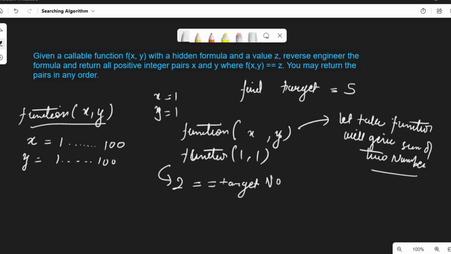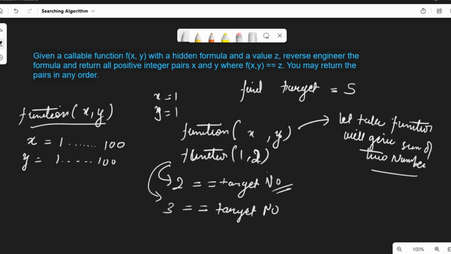No, this is not equal to target. So let's increment x. Let's take x is equal to 2. Now it will give 3. Is this equal to target? No.